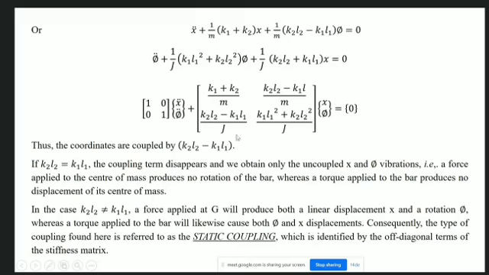But if they would have been zero, then we could have directly solved the equations very simply. And if they would have been non-zero, then we would have to solve it the way we solve simultaneous equations.